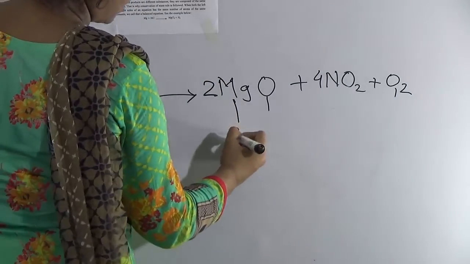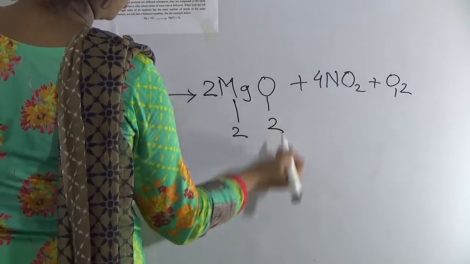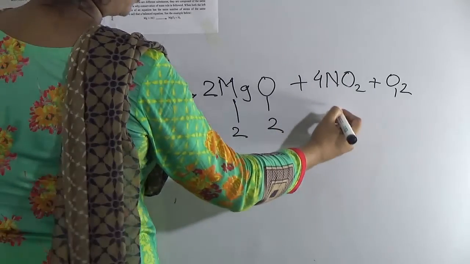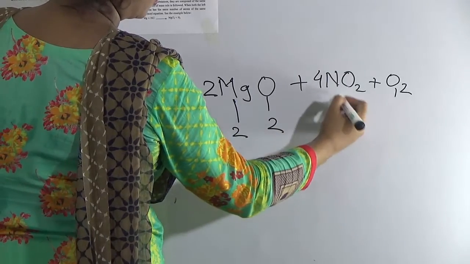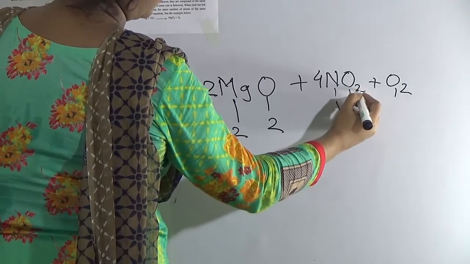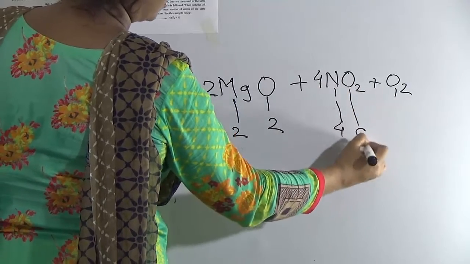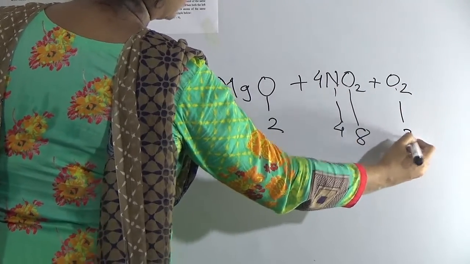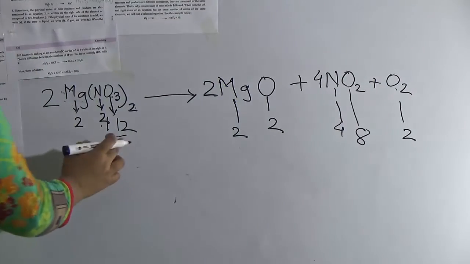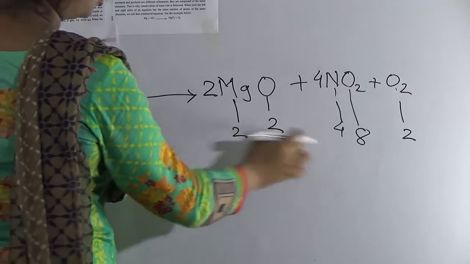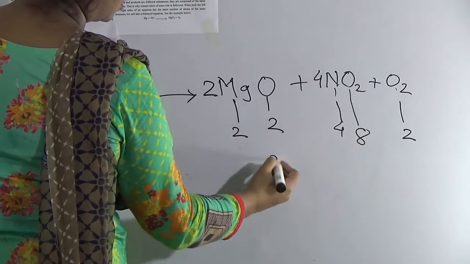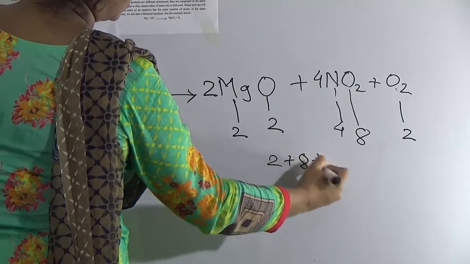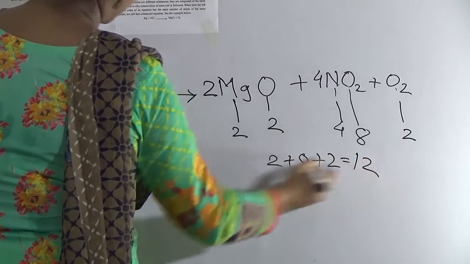Here magnesium becomes 2, oxygen becomes 2. Now nitrogen becomes 4, oxygen becomes 2 into 4, 8, and here oxygen is 2. On that side 12 oxygen, then 8 plus 2 plus 2, that means 12 oxygen.